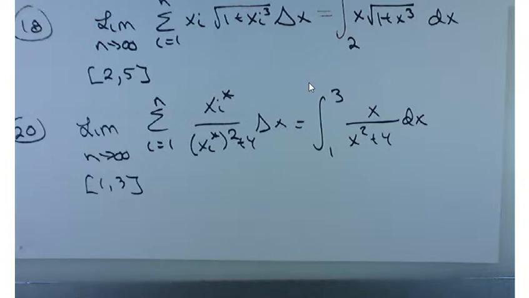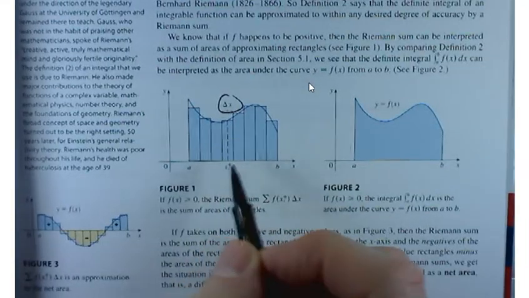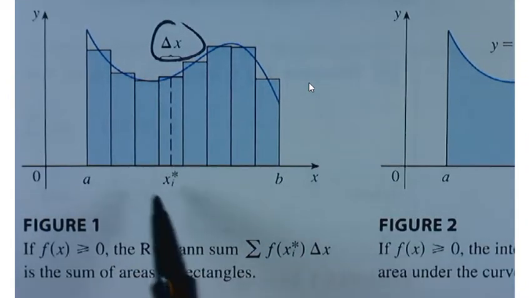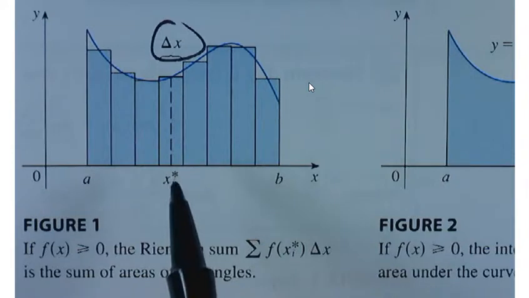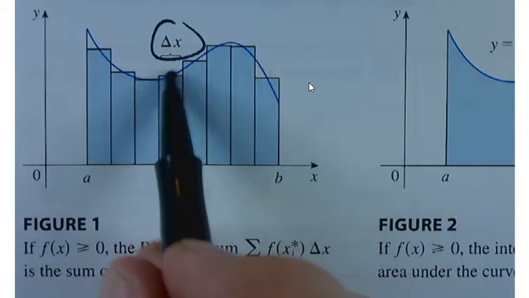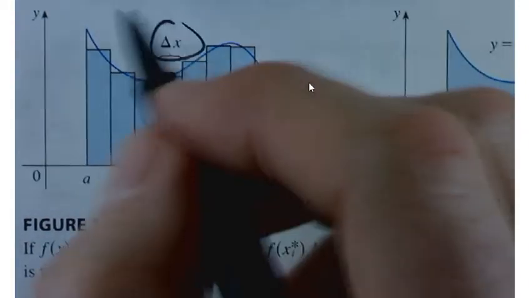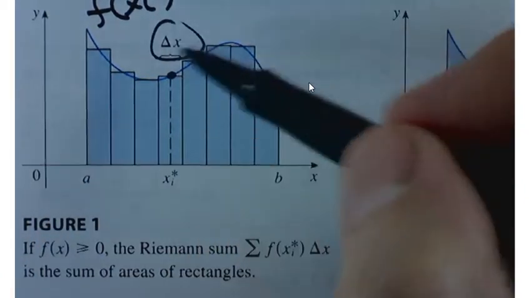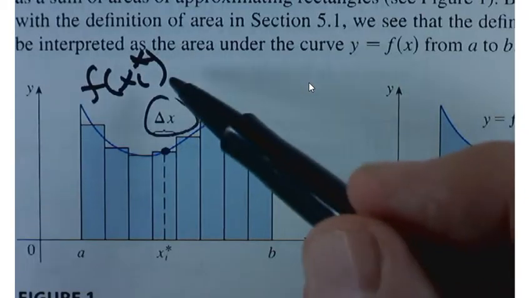So let me go back to that picture I used in the book a minute ago. Right here. Remember, you're getting the height of that rectangle someplace. Here, f of x sub i star would be the height at that point right there.